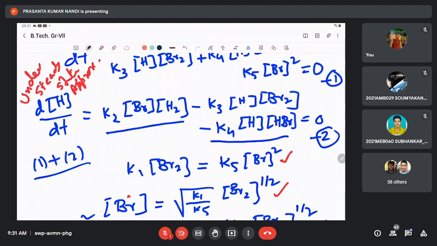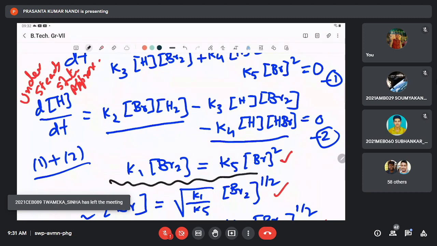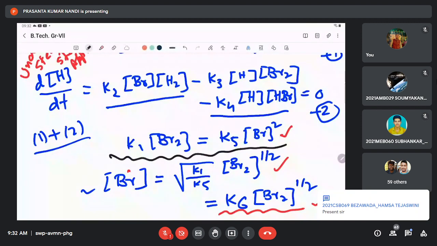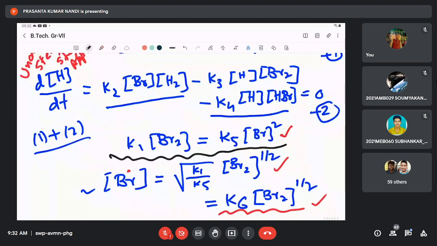the expressions would be very simple and straightforward, it would appear like this. And from these expressions, we can express the concentration of the bromine free radical in terms of the reactant bromine molecule. This active species concentration can be equated to the corresponding stable bromine molecule.